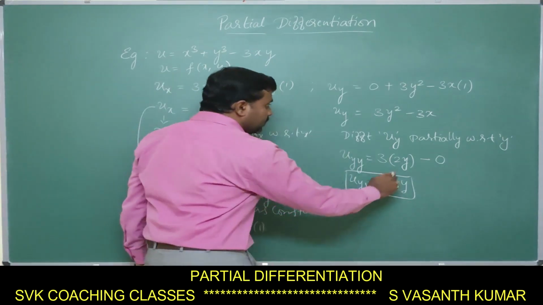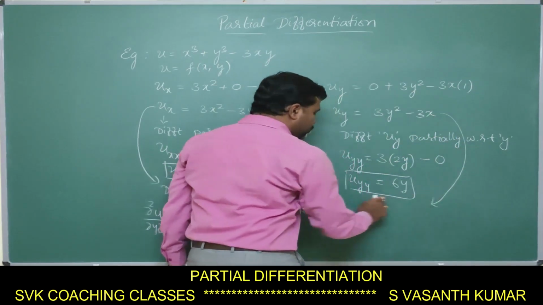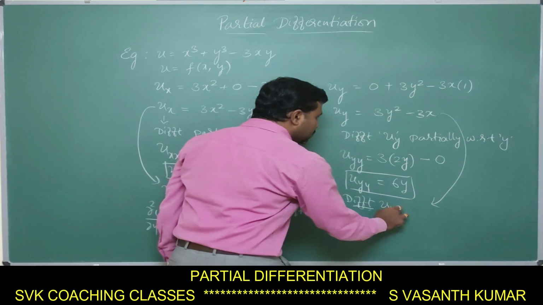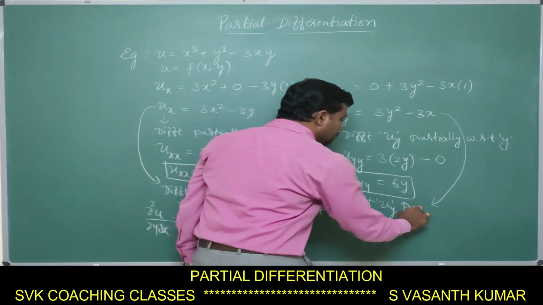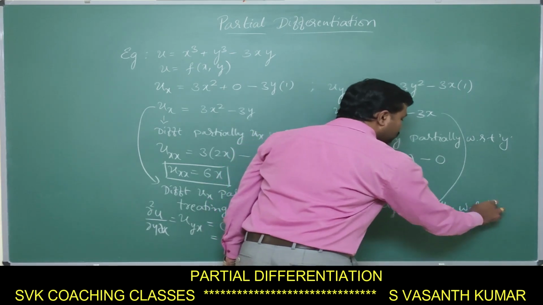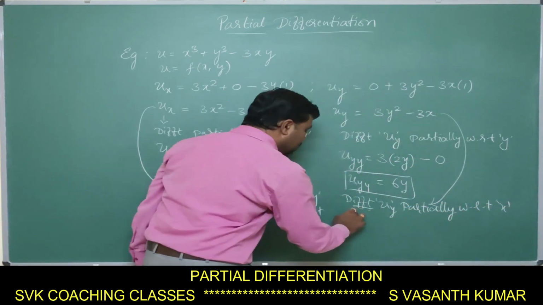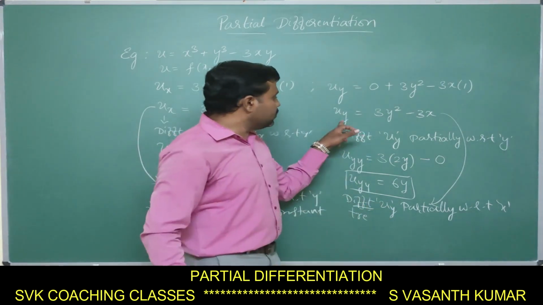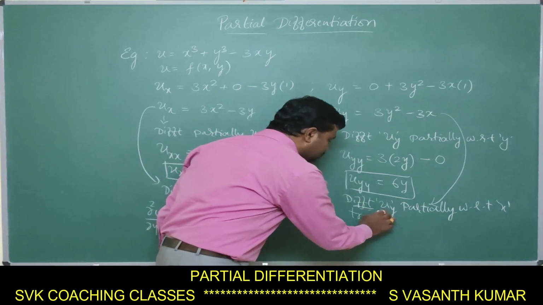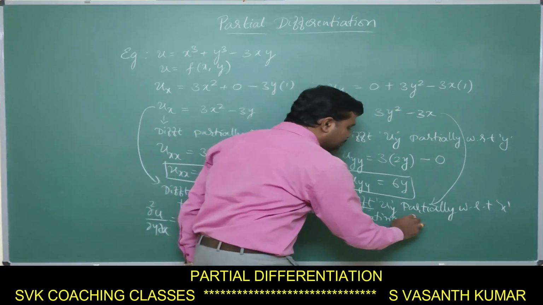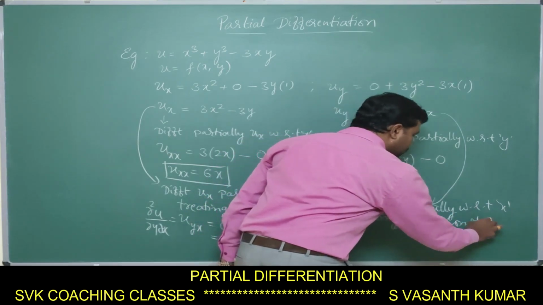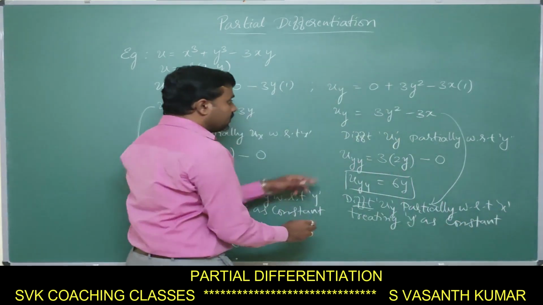So now similarly, if you differentiate uy partially with respect to x, as I am differentiating partially uy with respect to x, the remaining variable y should be treated as constant. So what are you going to get?